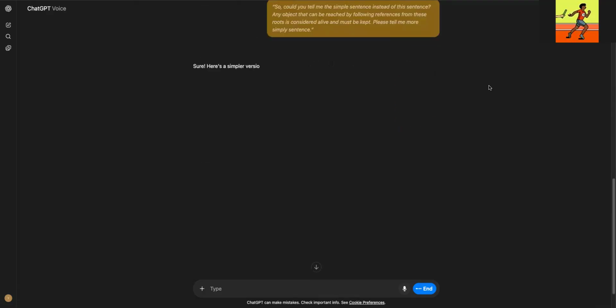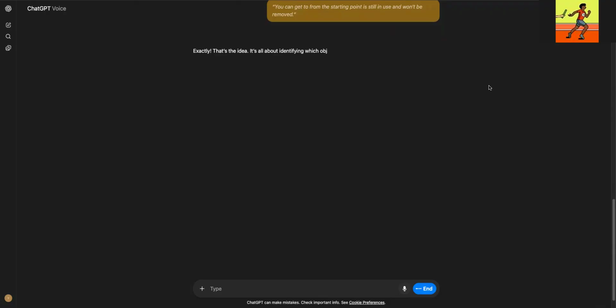Sure, here's a simpler version: any object that you can get to from the starting points is still in use and won't be removed. Any object that you can get to from the starting point is still in use and won't be removed. Exactly, that's the idea. It's all about identifying which objects are still accessible from those starting points so they aren't deleted.